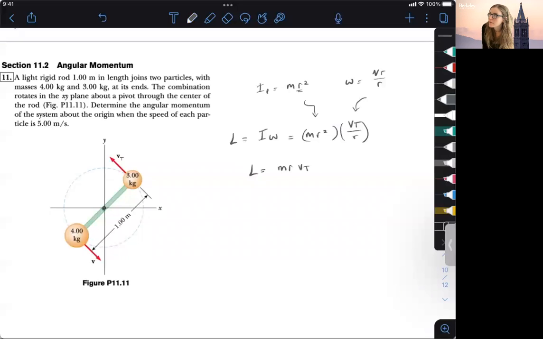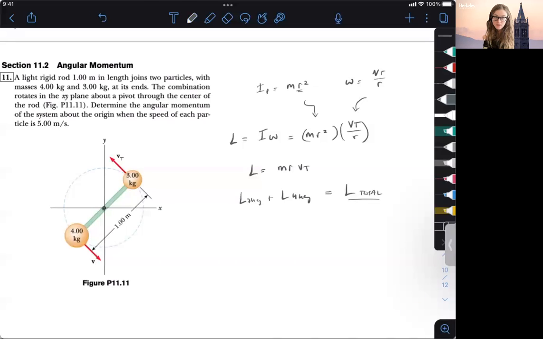Okay, so we want to find the angular momentum of the system when the speed of each particle is 5 meters per second. This is pretty symmetrical, right? They have the same velocity, so we can combine the masses and do this simply. We could add L of the 3 kilogram mass plus L of the 4 kilogram mass to find L total, because they're acting in the same direction, so we wouldn't have to look at the difference.